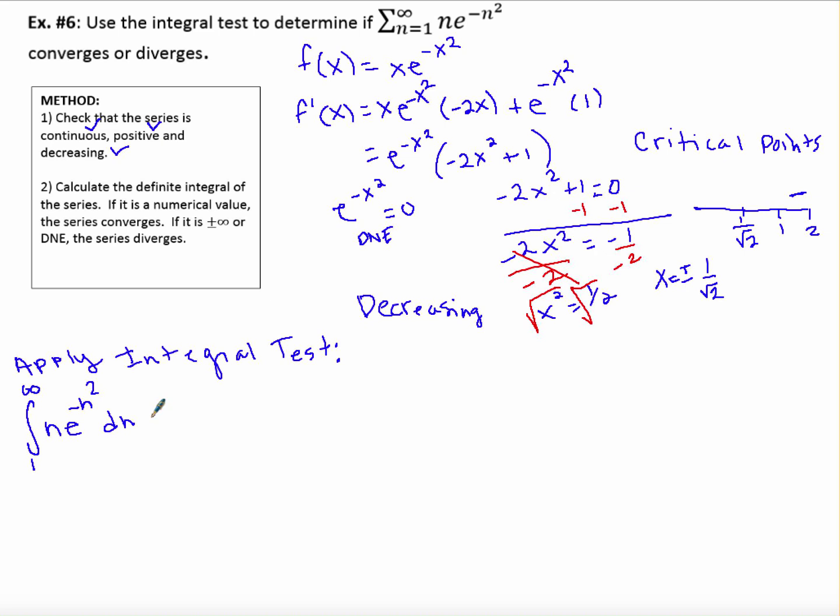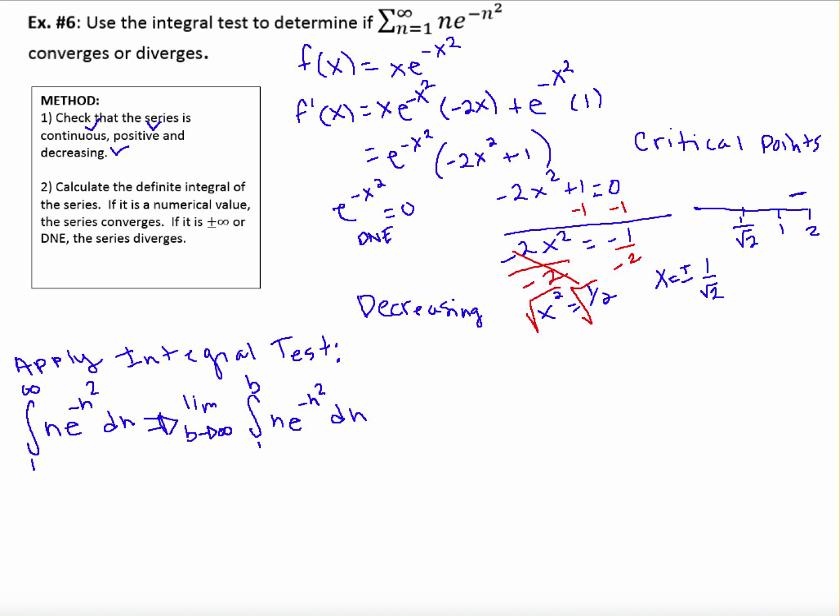And this looks like it's going to lead me towards another U-substitution. Since it's an improper integral, I'm going to take the limit as b goes to infinity of our integral from 1 to b of n e to the negative n squared power dn.